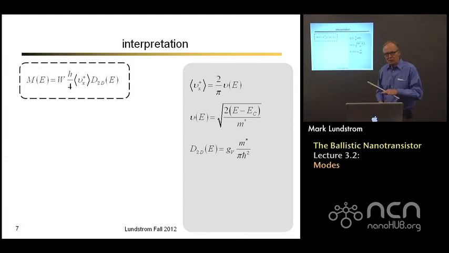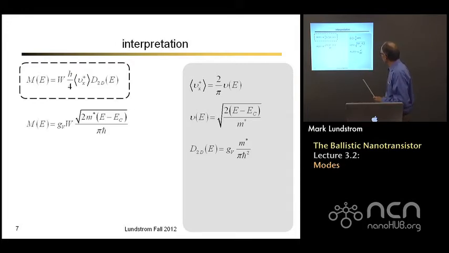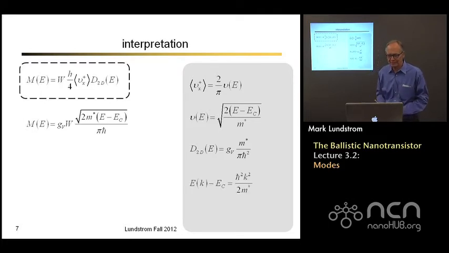If it's a two-dimensional sheet with a simple parabolic band structure, I know what the density of states per unit area, per unit energy is. So I can simply take these quantities, plug them into my formula for M, and this is what I'll get. Okay, it's beginning to look simpler, but we're still not completely clear as to what it is.